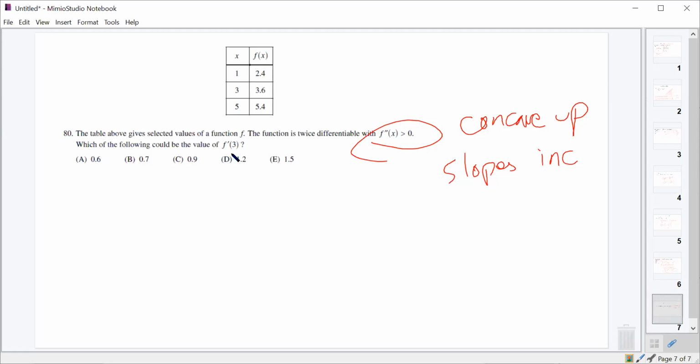And so we will look for the average rate of change between 1 and 3. So 3.6 minus 2.4 over 3 minus 1, which is 0.6. And then we'll look for the average rate of change here, 5.4 minus 3.6 over 5 minus 3, which ought to be 0.9.